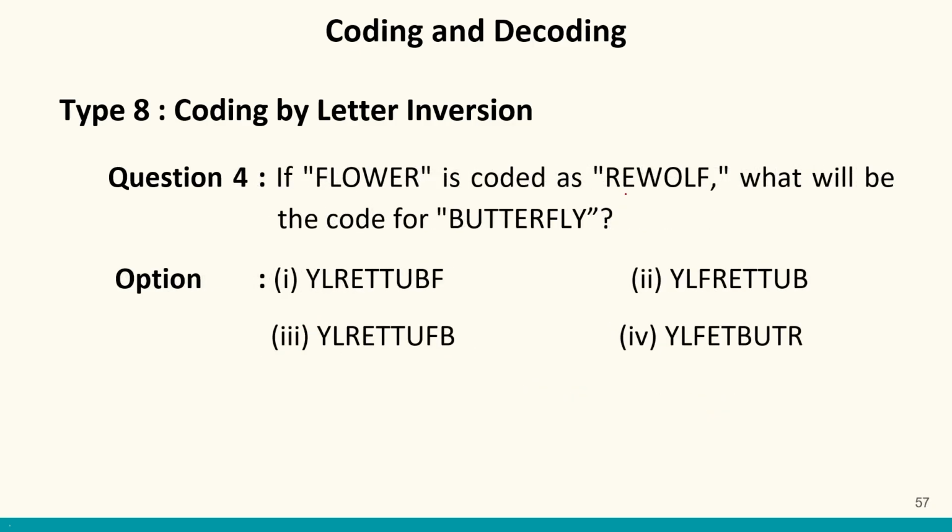Then over here, flower, similarly it is by letter inversion. So for butterfly, we just have to reverse the order. Y, L, F, R, E, T, T, U, B. This will be the order, which is option number 2. So option number 2 will be the correct answer.